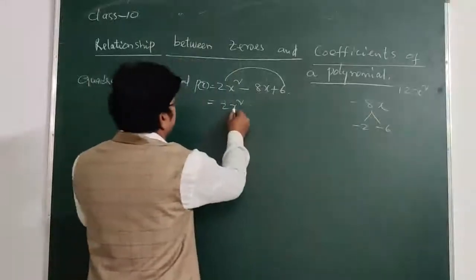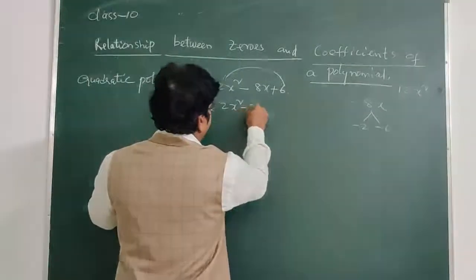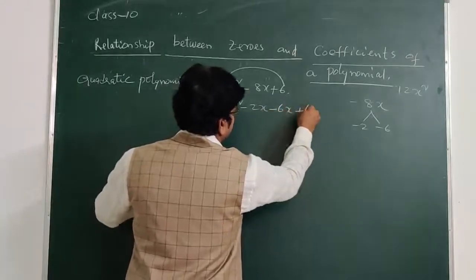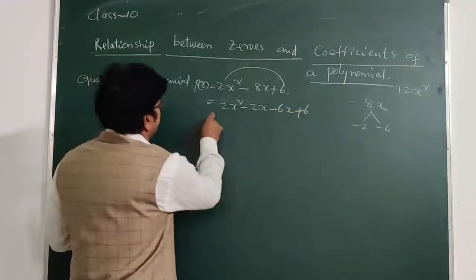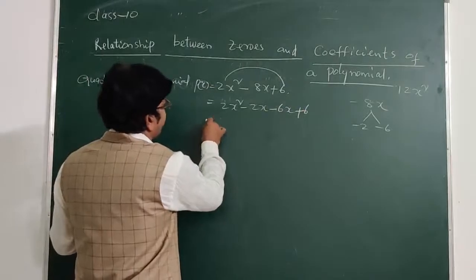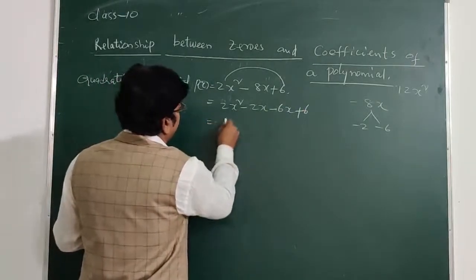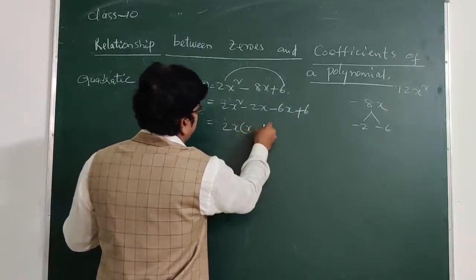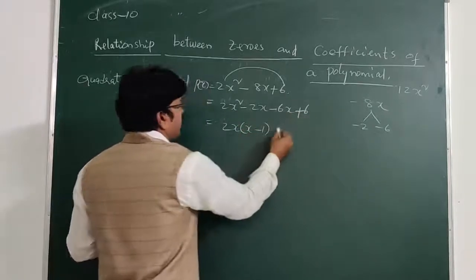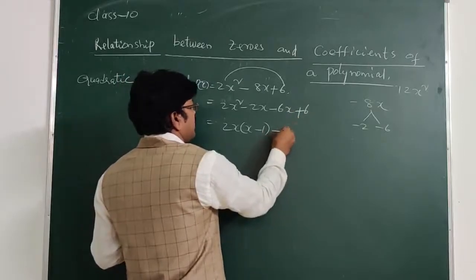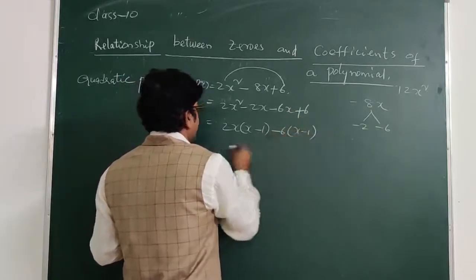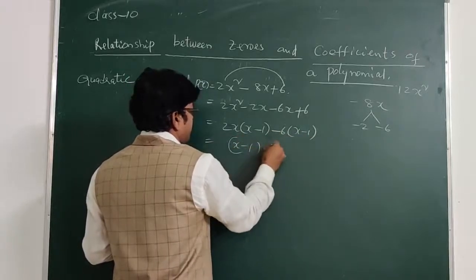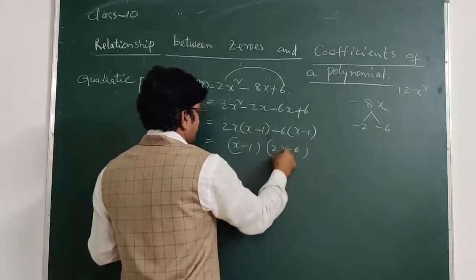So 2x square minus 2x minus 6x plus 6 is equal to 2x common: x minus 1, and take minus 6 common: x minus 1. Take x minus 1 common: (x minus 1)(2x minus 6).